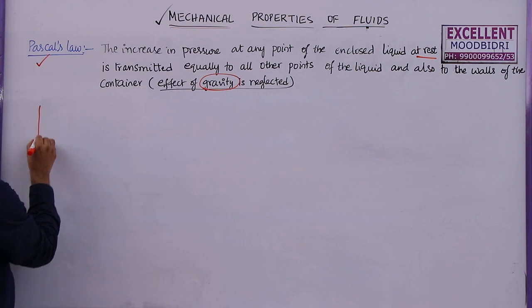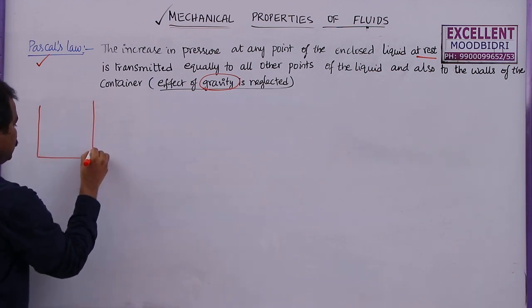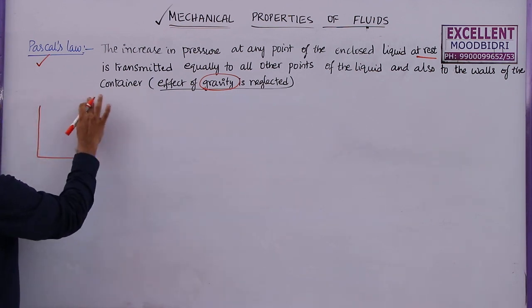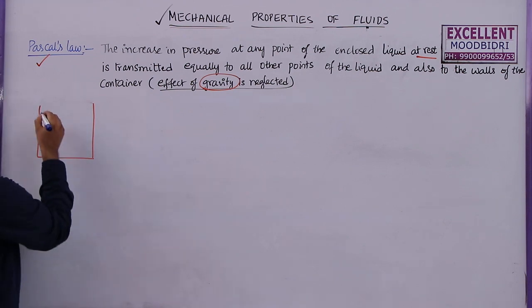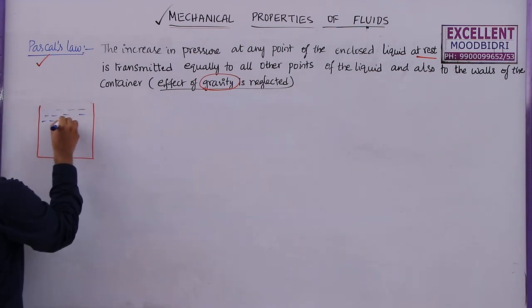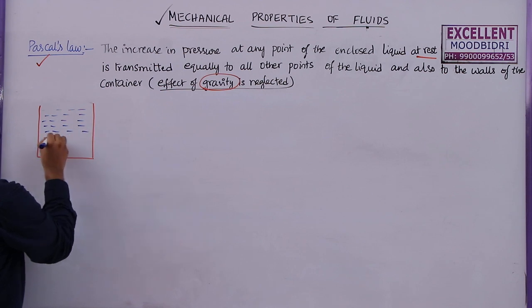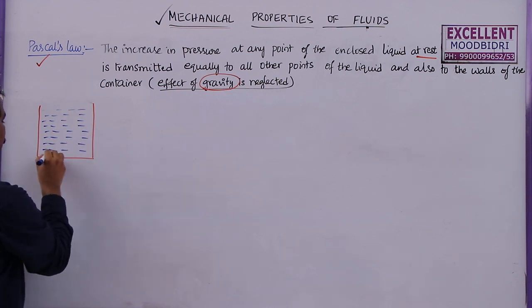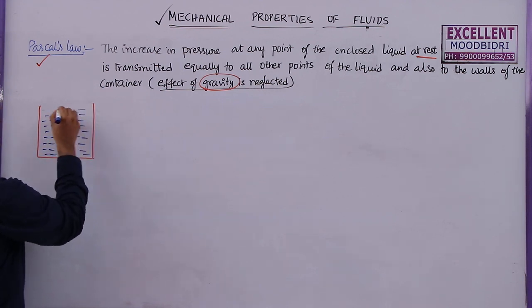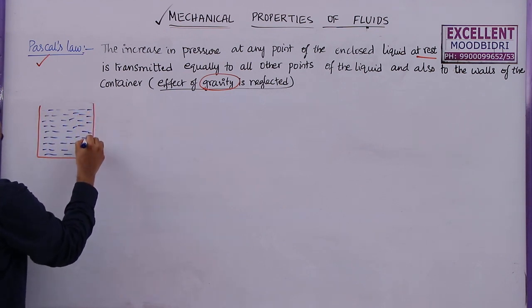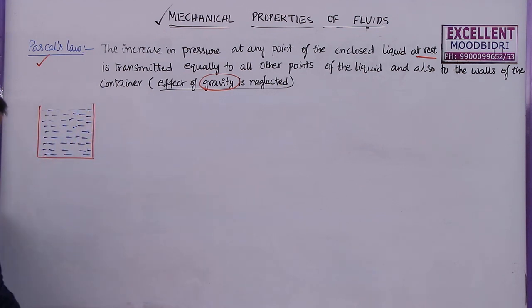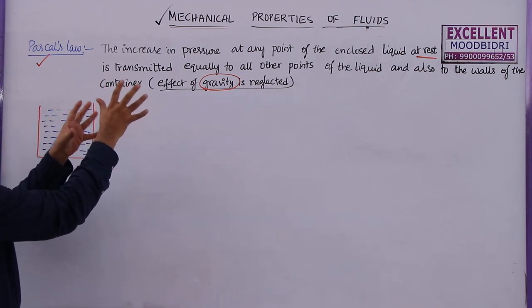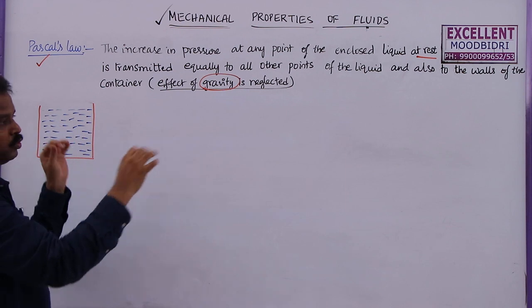Now let me take one container here. In this container I am going to take some liquid. So this is the liquid. Now the liquid is at rest. The mechanical properties of fluids can be divided into two parts.